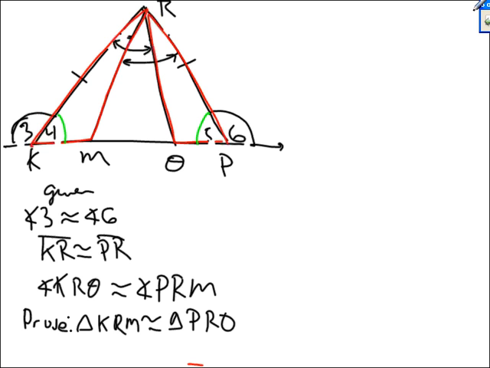Another argument would be that it's an isosceles triangle. So the base angles are equal. Let me not put that in green because that means we don't have it yet. Alright, so 4 and 5 are equal. Angle 4 and 5 are equal.